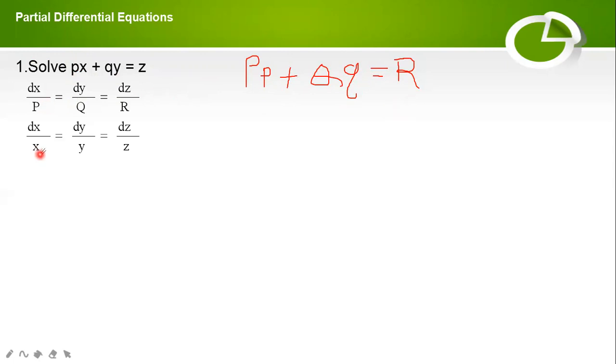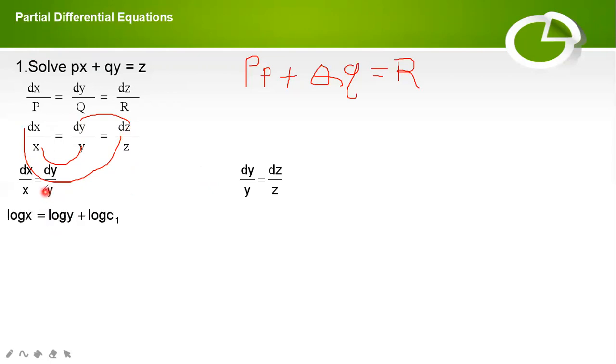Now we consider any pair of equations, either these two, or these two, or these two, and find the solution. Suppose I consider these two, dx by x equal to dy by y, and one more, dy by y equal to dz by z.